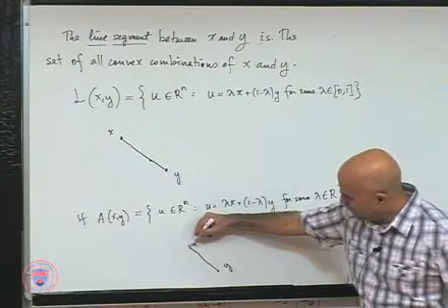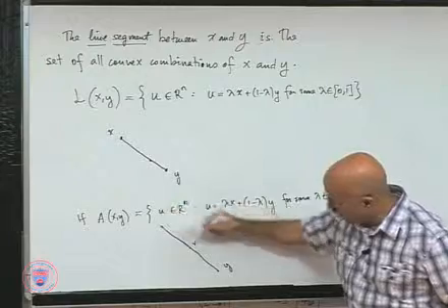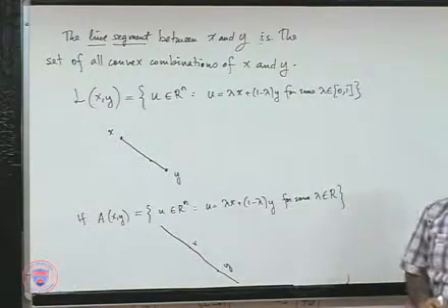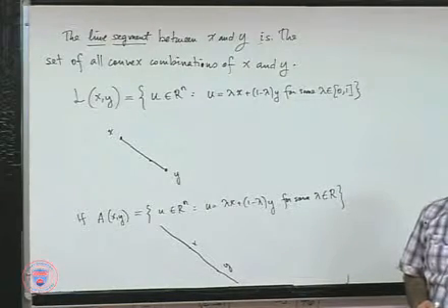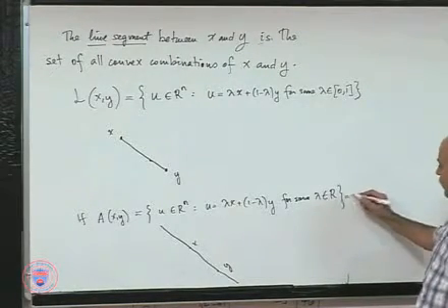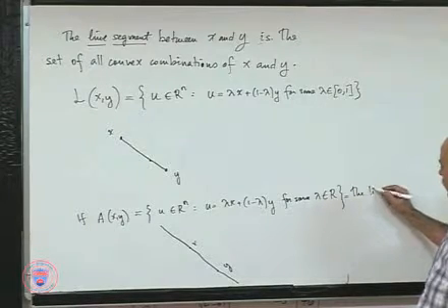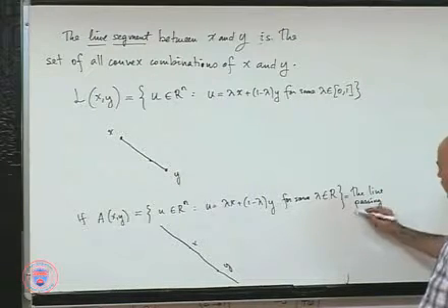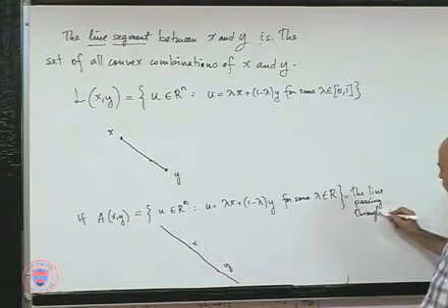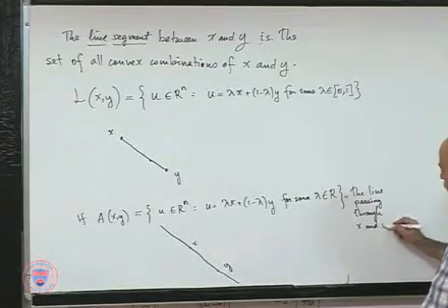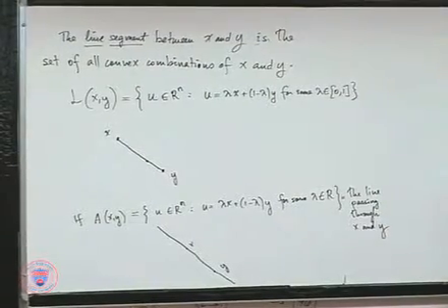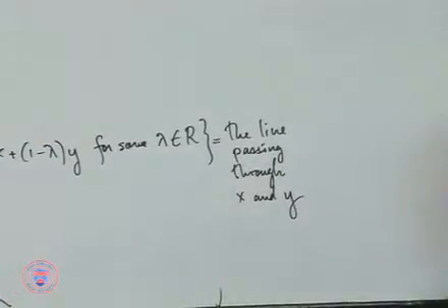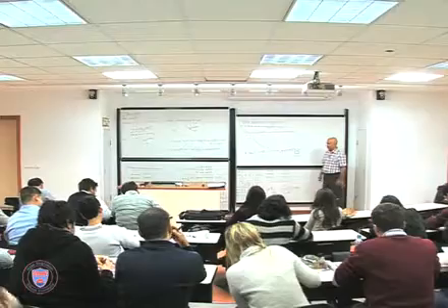But then, when you start picking lambda outside of the interval, you generate these points as well as these points. So this is the line passing through x and y. One is a segment, the other one is a line. It extends to infinity in both directions. Okay?